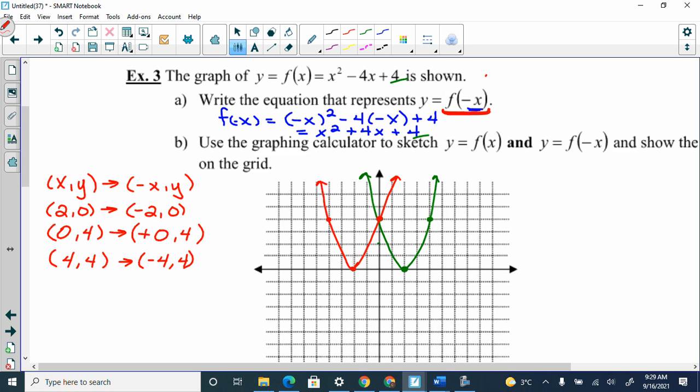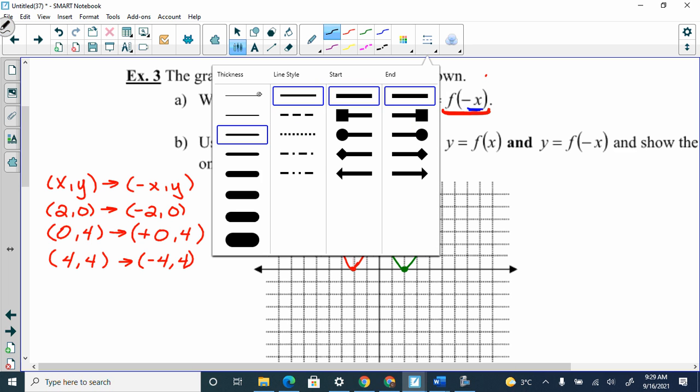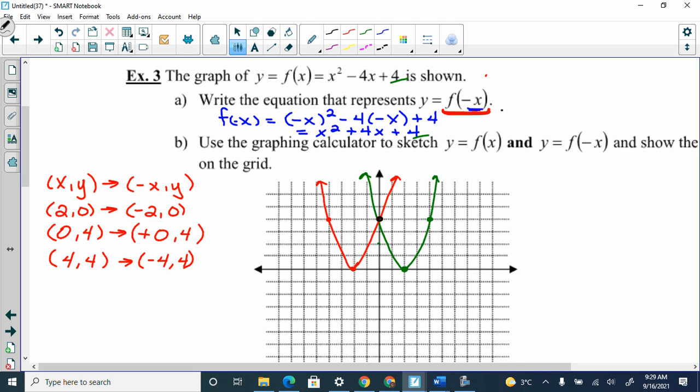Sometimes they'll ask you to label your invariant point. If they ask you for key points, where you draw the original and the transformed graph, one of the key points would be the invariant point. They'll look for that too. It's also in your curriculum. They could say, determine the invariant point and explain why.